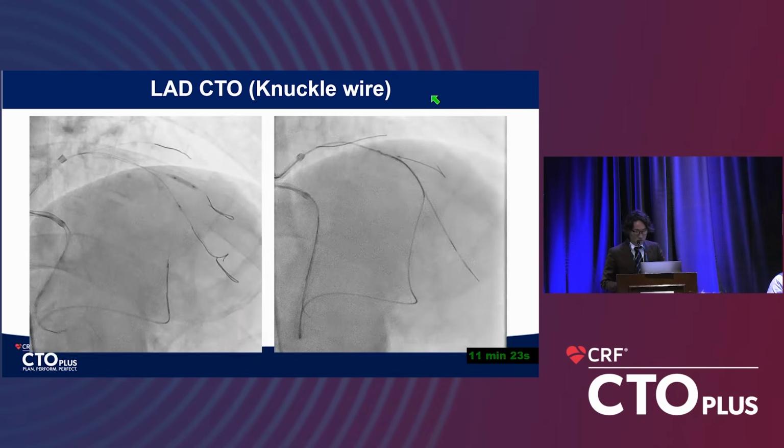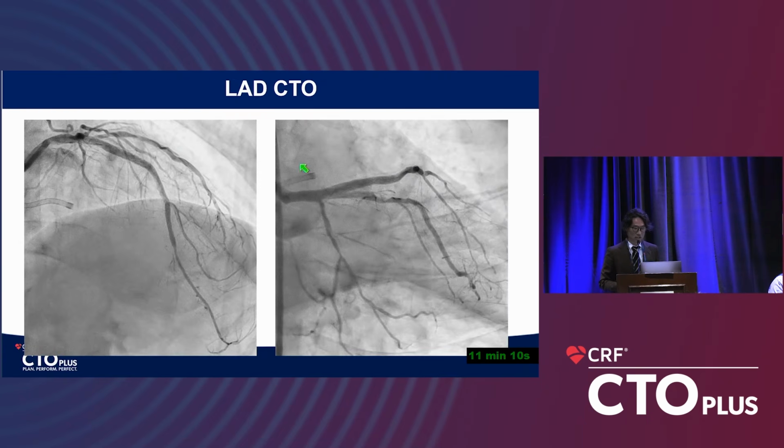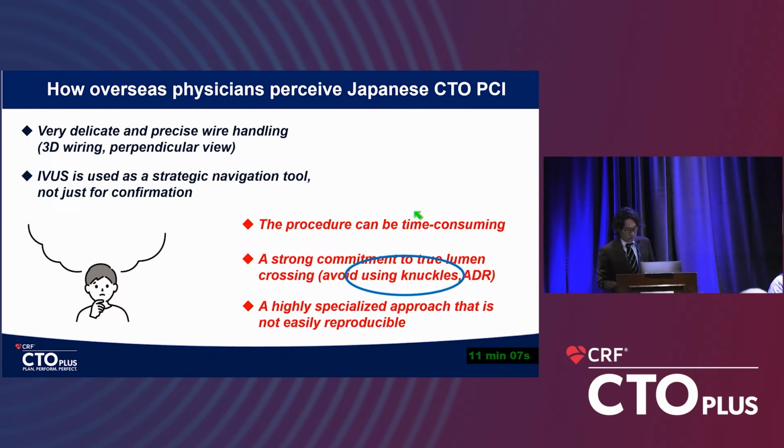Unfortunately, the LAD was dilated and I checked the IVUS. Unfortunately, the guide wire was in the subintimal space. So I negotiated retrogradely, and that succeeded in this case. Using knuckle wiring is increasing in frequency.